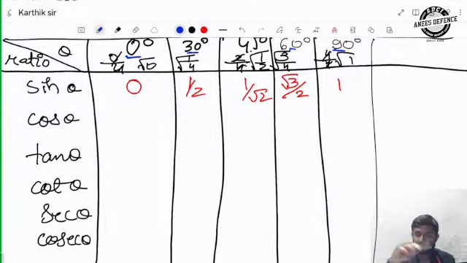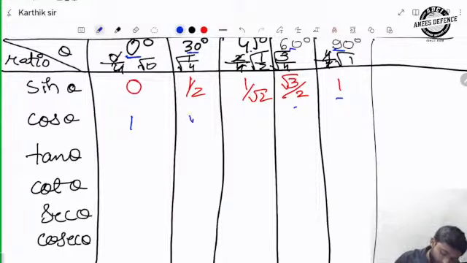If we add the first and last, second and second last, and so on, the value is 90. So cos 0 would be the value of sin 90 degree. The value of cos 30 degree would be the value of sin 90 minus 30, that is sin 60 degree, so that is root 3 by 2, and so on.